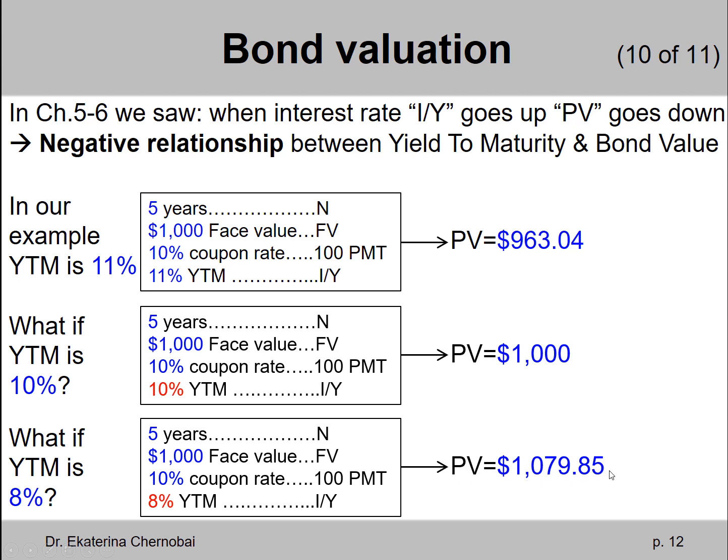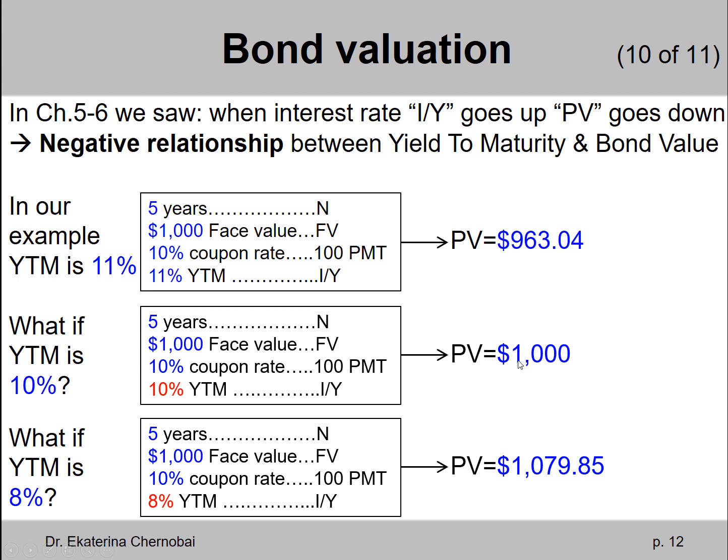That's the bond value at 8% yield to maturity, right? So as we lower the yield to maturity, we increase the bond value. So that's a negative relationship, just like what we saw in chapters 5 and 6 with a single cash flow or with multiple cash flows.